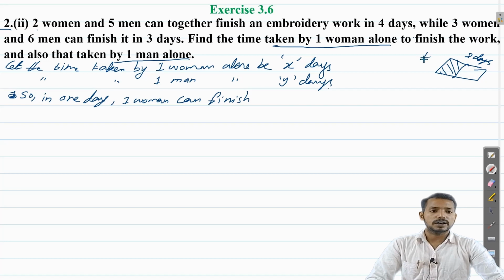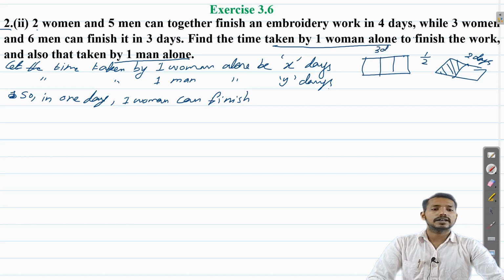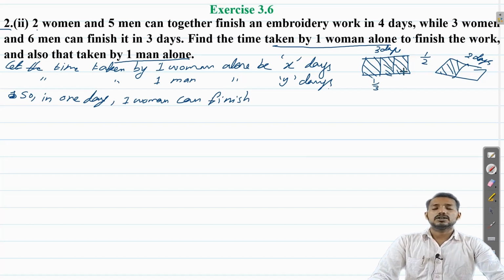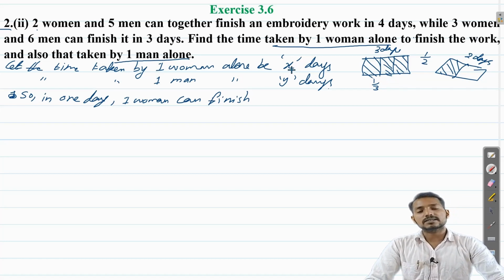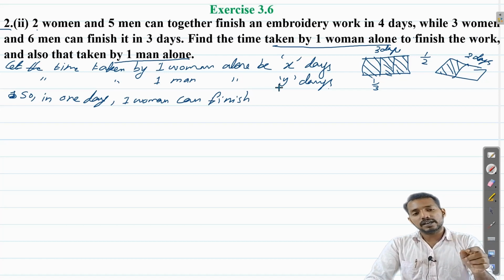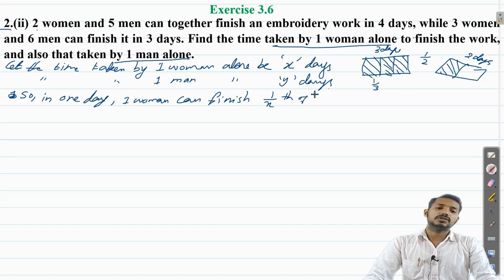That means 1 by 2. Similarly, suppose 3 days are required to finish a work. So in one day, 1 by 3rd. In second day, 2 by 3rd. In third day, 3 by 3rd. That means whole work. So in one day only 1 by 3rd can be completed. Clear? Similarly, here x days is required. So that woman can complete only 1 by x of the work in one day, 1 by x of the work.